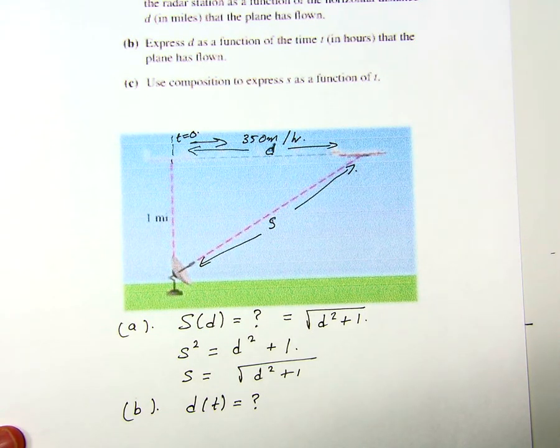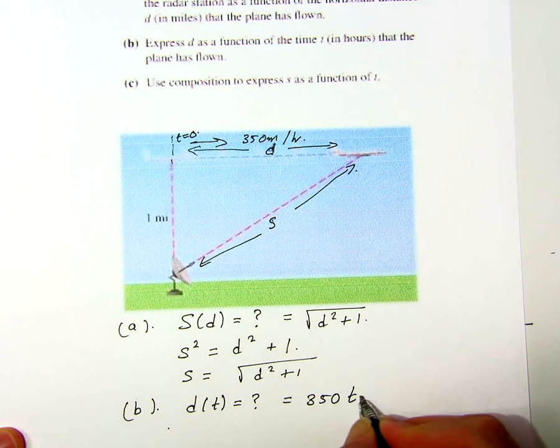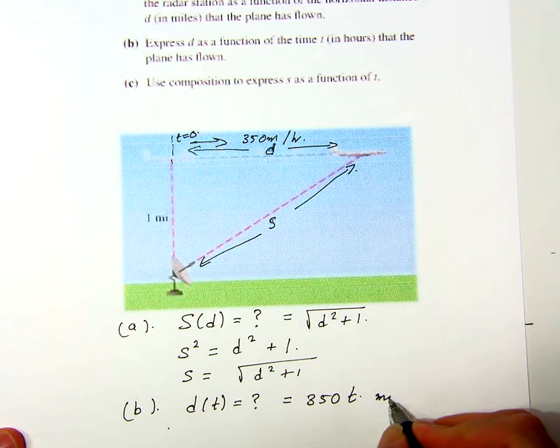Well, this airplane is traveling at a constant speed of 350 miles per hour. So after t hours, it's going to have covered a distance of 350 times t. So this is 350 times the number of hours which have passed. Here t is measured in hours, and of course d is measured in miles.